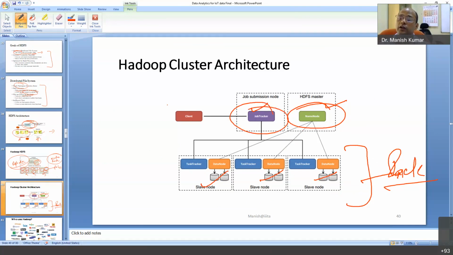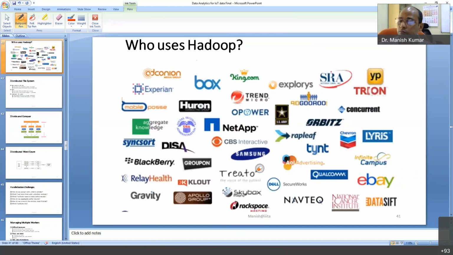The job tracker works like this: a client submits a job, and then the job tracker assigns the jobs to the nodes and keeps track of them, whether the slave nodes have completed or not, and at what stage they are. And then all coordination is done by the HDFS master. So this is what is happening inside it. As for users of Hadoop, these are users, and this is not an exhaustive list. There are thousands of users of Hadoop already in place.